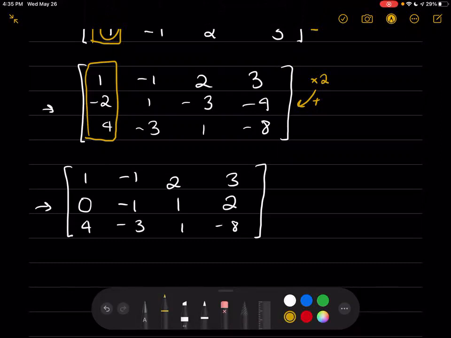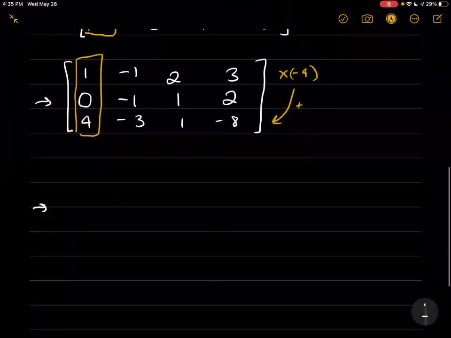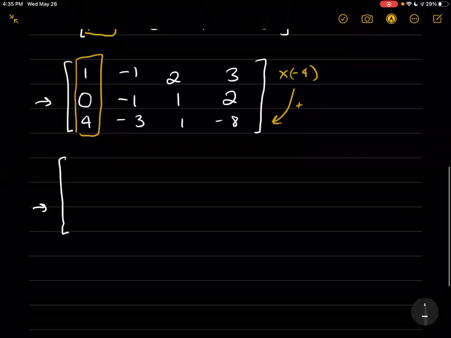Okay. We're looking at the first column again. We got that 0, that's good, but now we need to get rid of that 4. To do that, I'm going to multiply the first row by -4 and add it to the last row. The first and second rows stay the same.